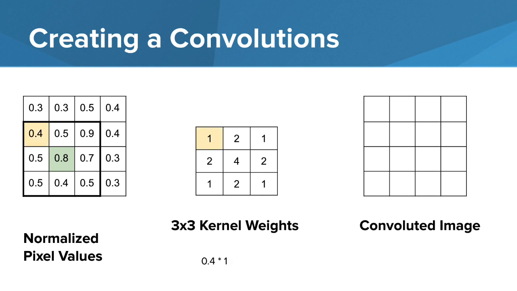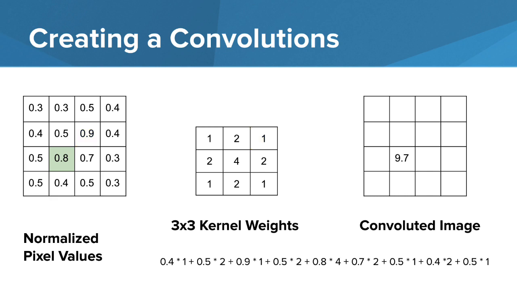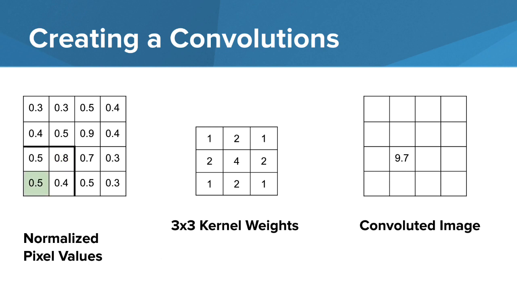Now we're going to map each pixel value to the weight. So we start with 0.4 times 1. We then add to that the 0.5 times 2, the 0.9 times 1, and so on. When you do that, you get this big string, and you add everything up and you get 9.7. So that 0.8 in our convolution becomes 9.7.